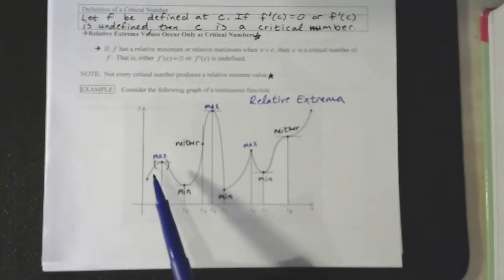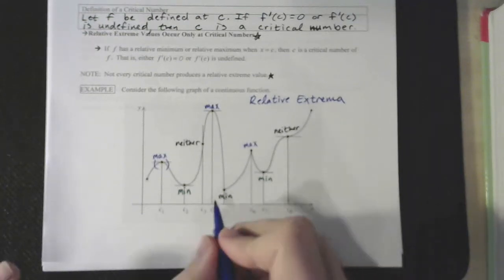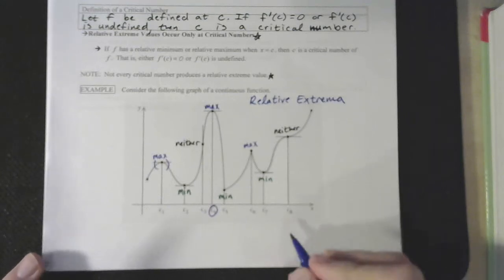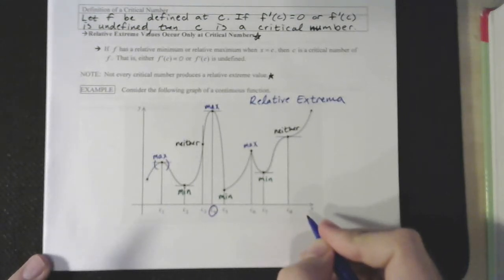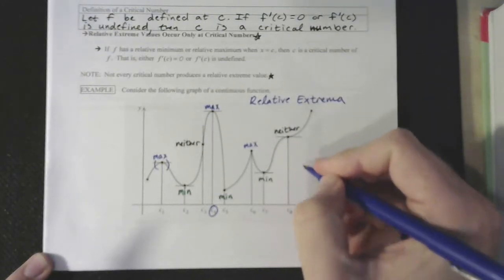But at some point we need to distinguish the maximum and the minimum of the entire function. So we look at something like C4 right here, and we look at C9. Let's call this one C9 down here, since I don't have it.